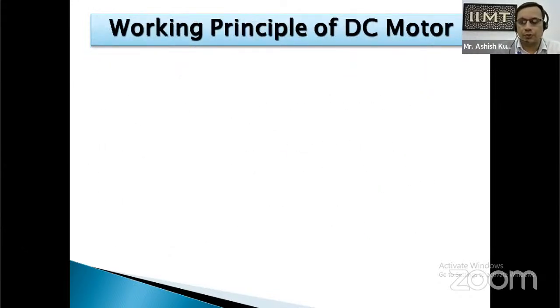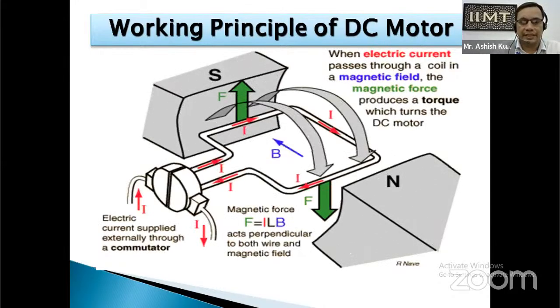When we are talking about the working principle of a DC motor, it works on the principle of Faraday's law of electromagnetic induction. When a current carrying conductor is placed inside a magnetic field, the conductor induces its own magnetic field, and due to the interaction of the magnetic field and the current carrying conductor, a force is generated due to which the conductor starts to rotate.